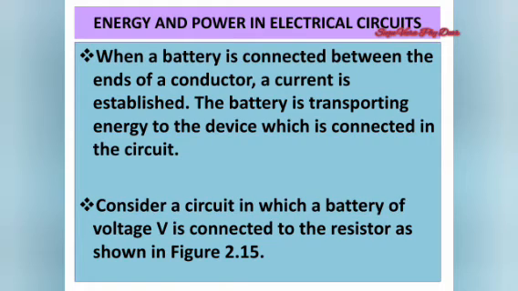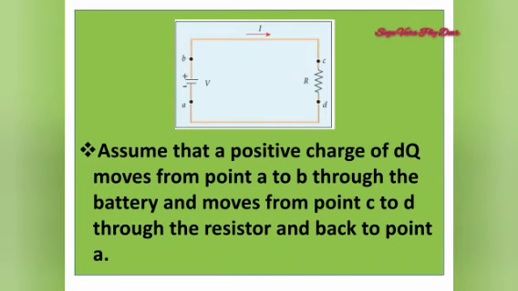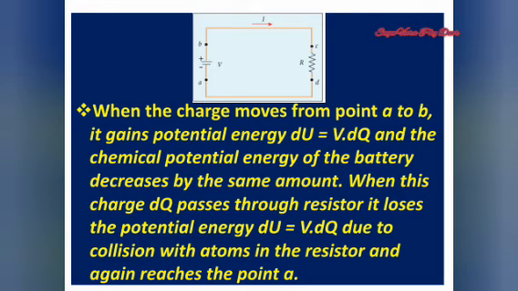Consider a circuit in which a battery of voltage V is connected to a resistor as shown in the figure. Students, assume that a positive charge dq moves from point A to B through the battery, and moves from point C to D through the resistor and back to point A. When the charge moves from A to B, it gains potential energy dU equal to V dot dq, and the chemical potential energy of the battery decreases by the same amount.